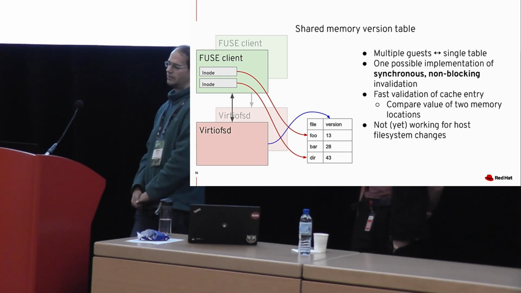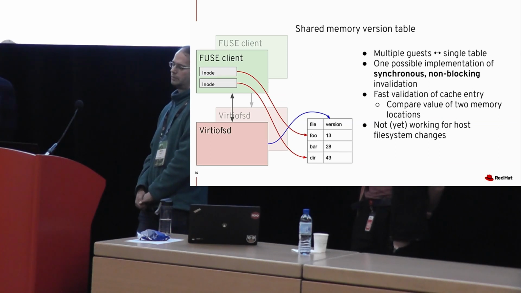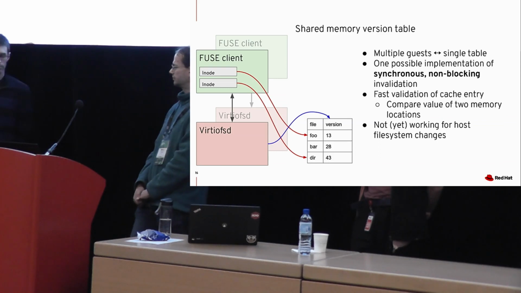And so it will be a very fast operation to check the validity of the cache. Currently, this is not yet working for changes made through the host file system, but that's also something for the future to implement.